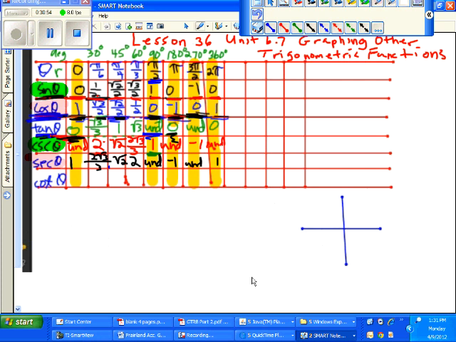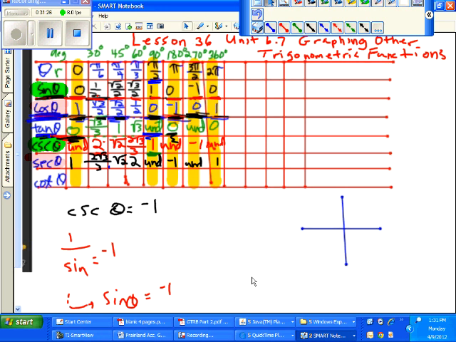Number 6, we have cosecant theta equal negative 1. Now, what would you really be thinking? You would really be thinking, when is 1 over sine equal to negative 1? Which is really, when is sine equal to negative 1, right?